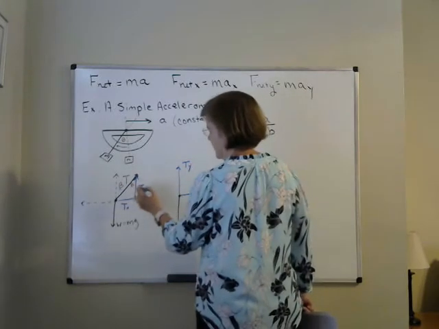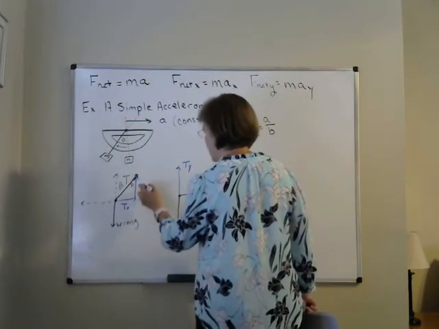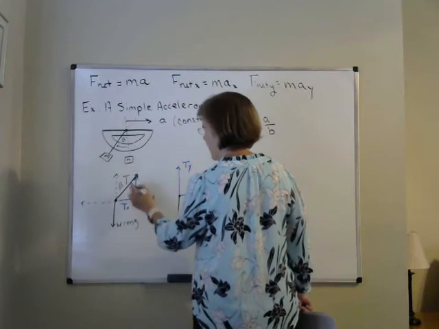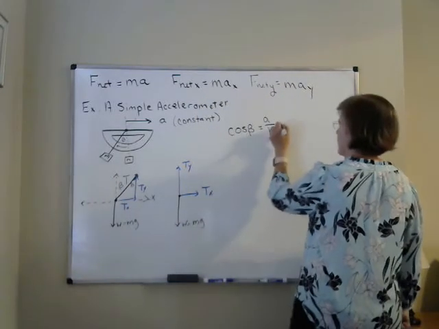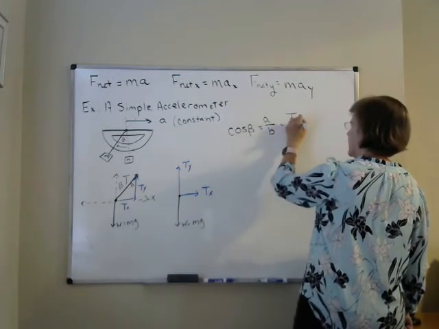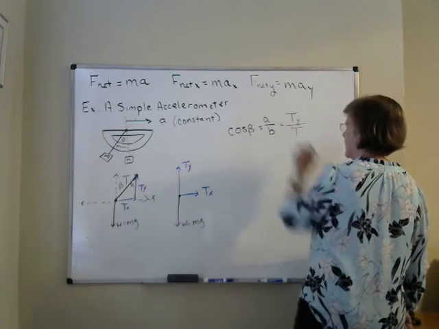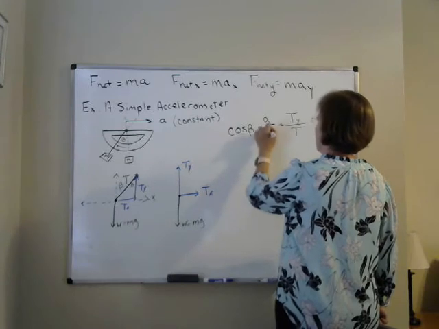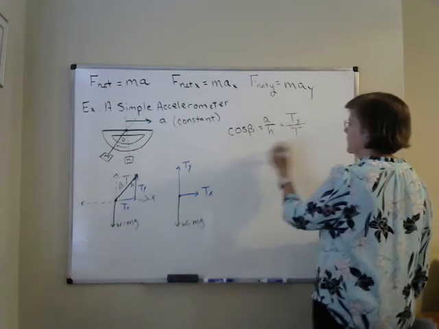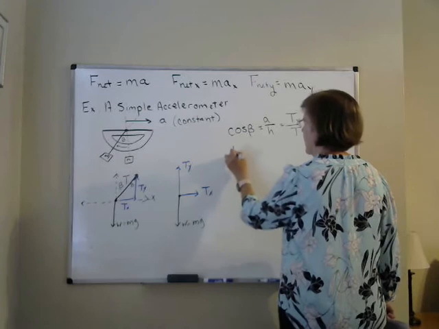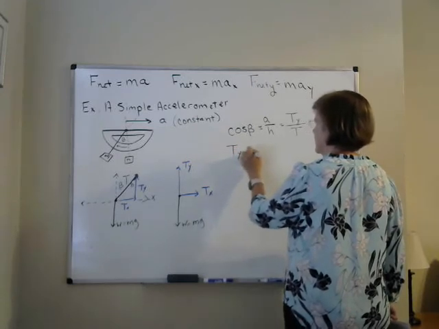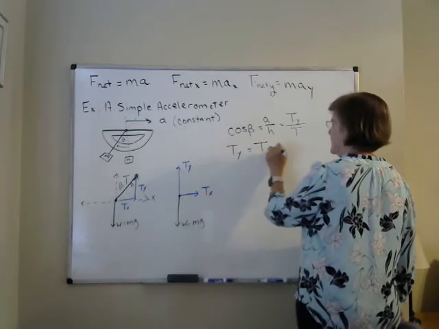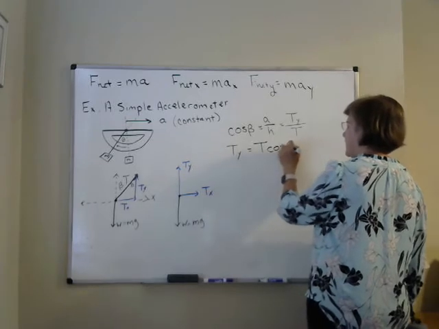Well, the adjacent is Ty, and the hypotenuse is T. So that's supposed to be an H for hypotenuse. When we solve for Ty, we realize that Ty is T cosine beta.